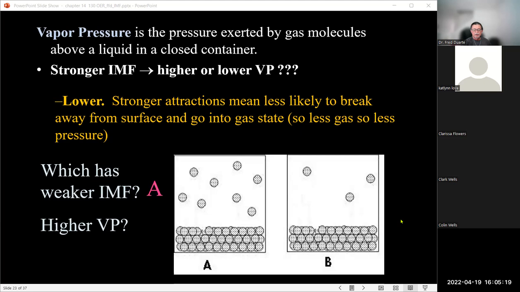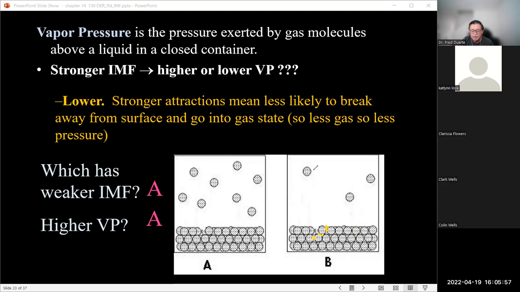So you can see here that A, okay, must have the weaker IMF. And why is that? Because there are more gas molecules in the vapor phase, okay? And thus the vapor pressure will be greater for A. B, on the other hand, the interaction of the molecules here in the liquid between each other is much stronger than A. Okay?